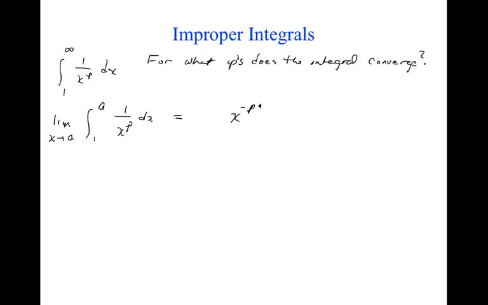That's how you do the antiderivative, power rule. You add 1, and then we're going to have 1 over negative p plus 1. And shoot, I forgot the limit. That's an easy trap to fall into. You've got to keep that limit notation until you evaluate the limit.